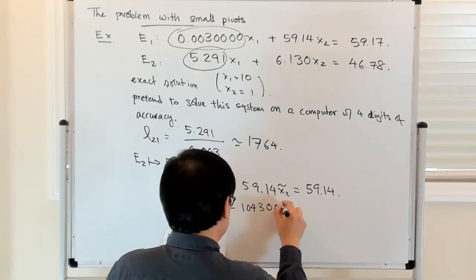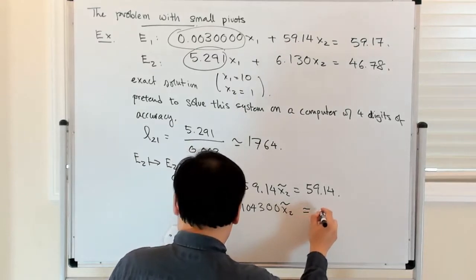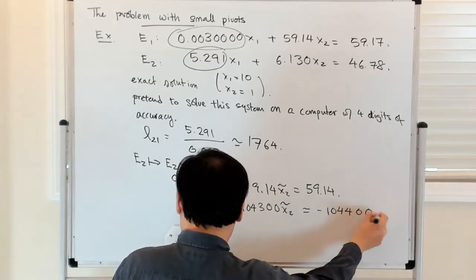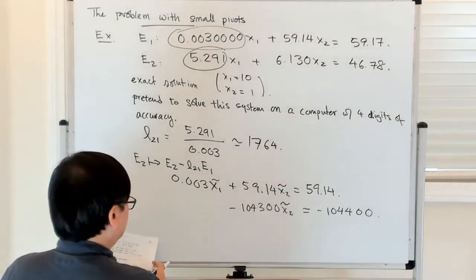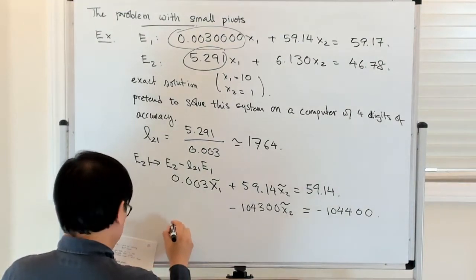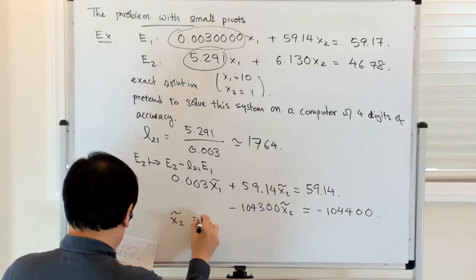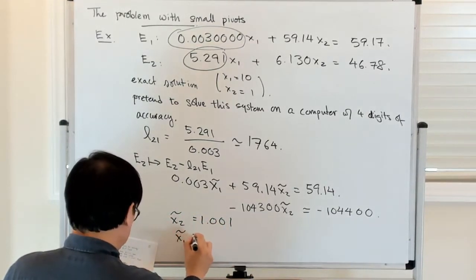So x2 tilde is approximately equal to negative 104400. When you solve this using back substitution, you can check that x2 tilde is equal to 1.001 and x1 tilde is approximately equal to minus 10.